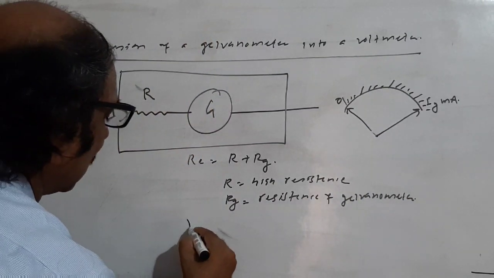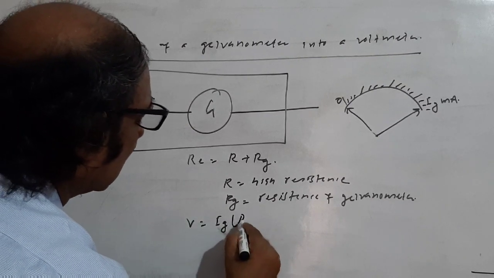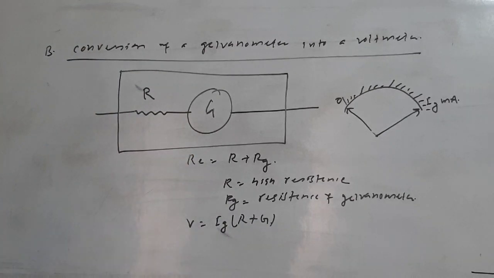Then the voltage is V equal to Ig times (R plus G), because R and G are in series.